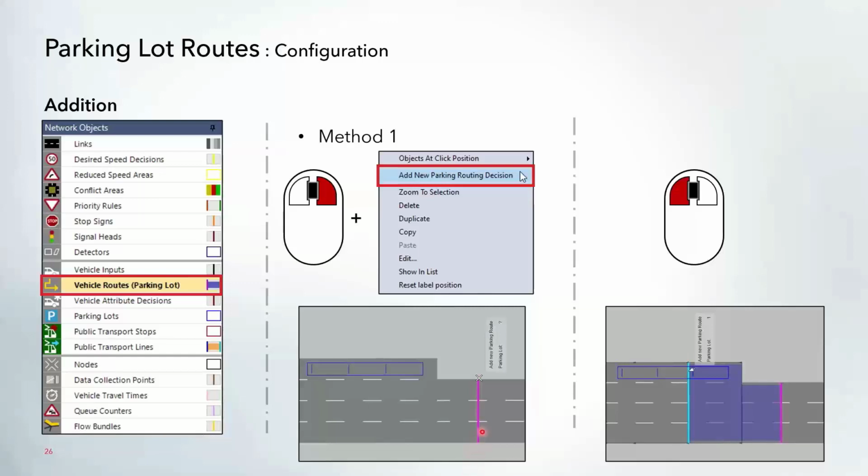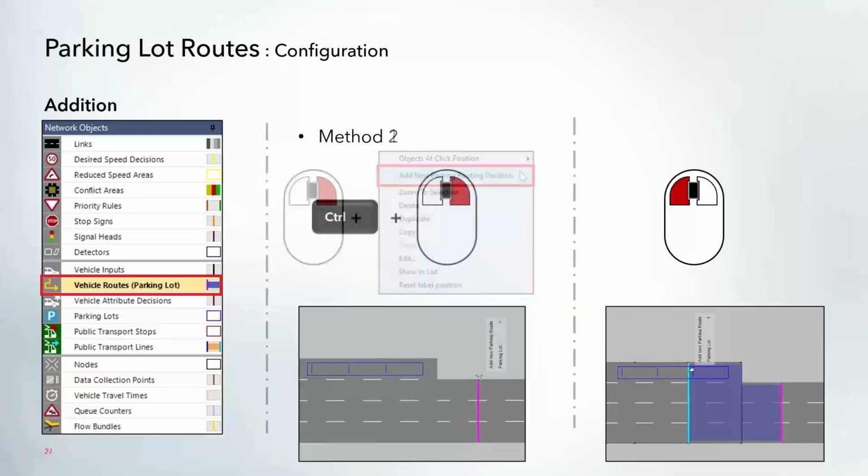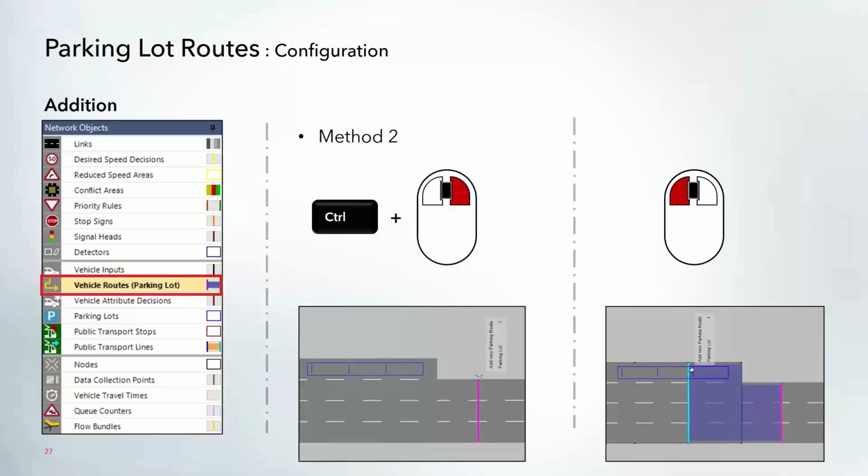That's going to place this first routing decision start point. Again, this start point will be where those vehicles, once they hit that routing decision, are going to evaluate whether or not they'll need to park in this particular lot. The other option for placing that start point is if you press Control and then right-click, and you can drop that routing decision start point directly on the link itself.